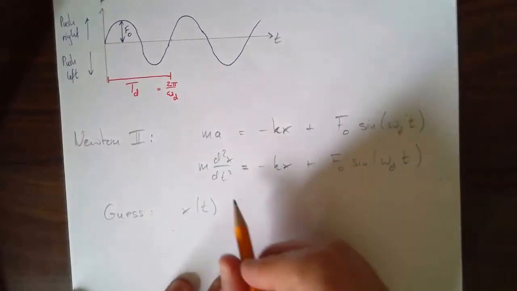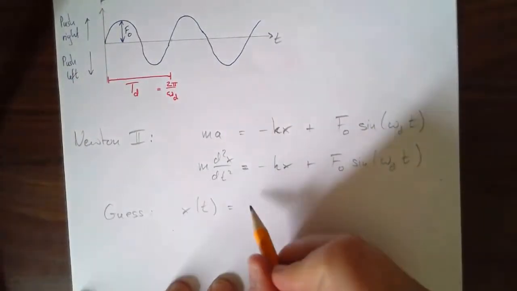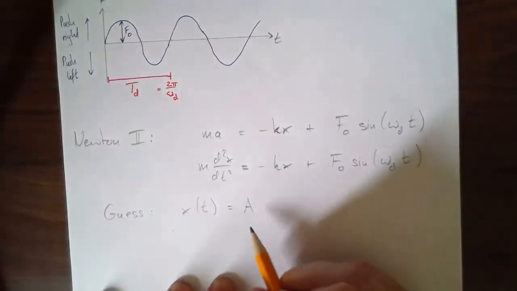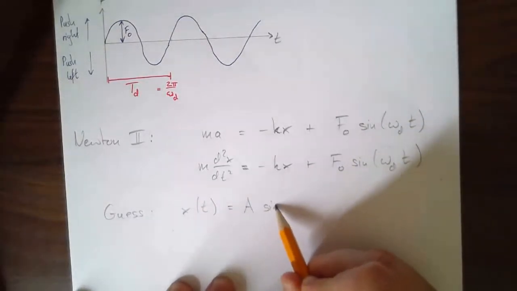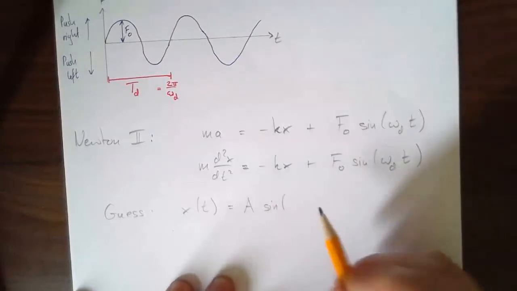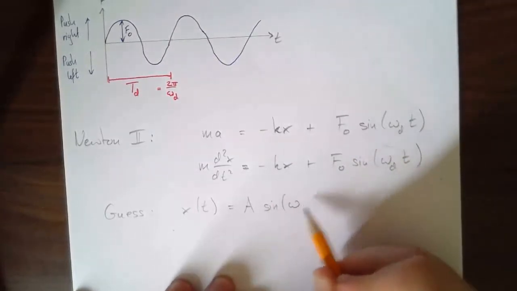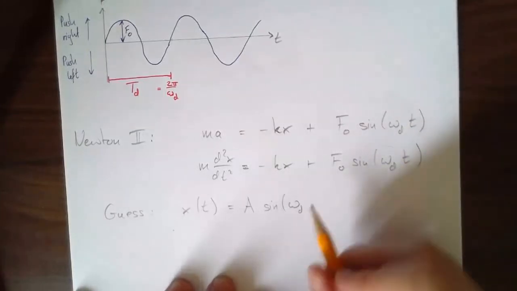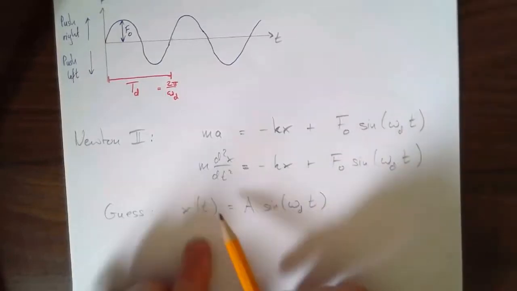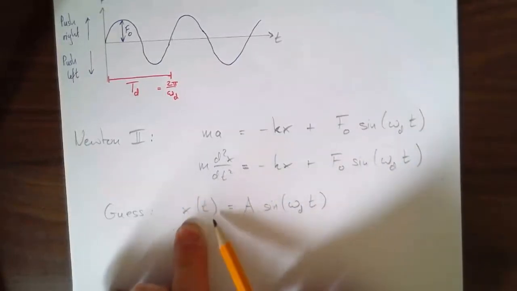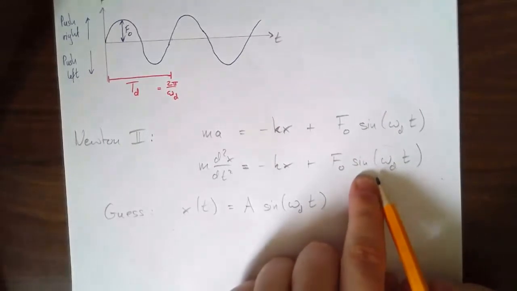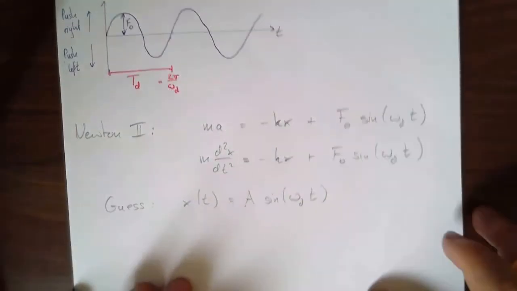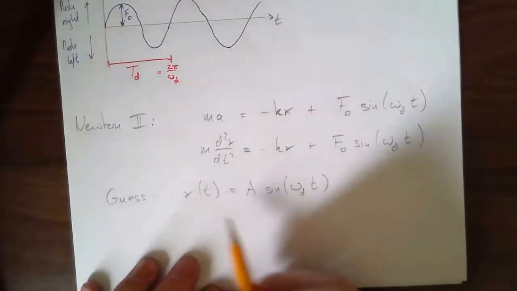Seems plausible. Let's guess that. How do I guess that? Well, I'm going to say there's some amplitude A. And then the sine function, but it's not a sine function of some omega that's unknown. I'm going to guess the sine function of omega d t. So my guess is that the position, the way the thing moves, matches the rate at which the force keeps changing direction. That's my guess. Let's check whether this works out.